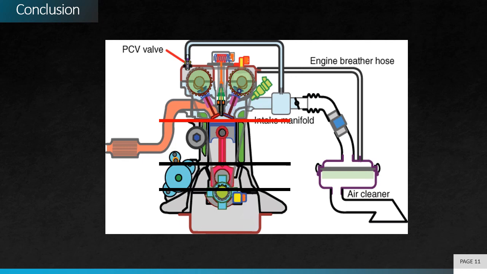The excessive pressure and air go through the bypass hose to the intake manifold to burn the unburnt and blow-by gases. This is the basic and short explanation of the PCV valve operation in the engine.